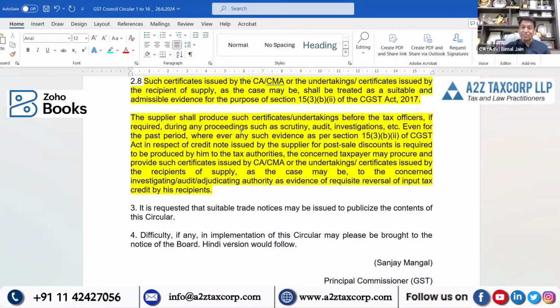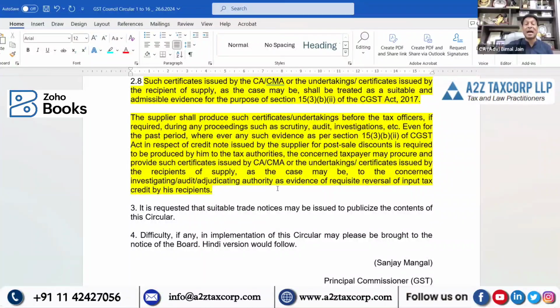So it may be adjudication proceedings, or you can say appellate proceedings also, such as scrutiny, audit, investigation, etc. Even for the past period, wherever any such evidence as per Section 15 subsection 3 clause B Roman 2 in respect of a credit note issued by the supplier for post-sale discount is required to be produced by him to the tax authority, the concerned taxpayer may procure such a certificate, CA, CMA, for more than 5 lakh, otherwise the recipient's certificate, as the case may be, for the concerned investigating, audit, adjudicating authority as evidence of requisite reversal of ITC by his recipient.